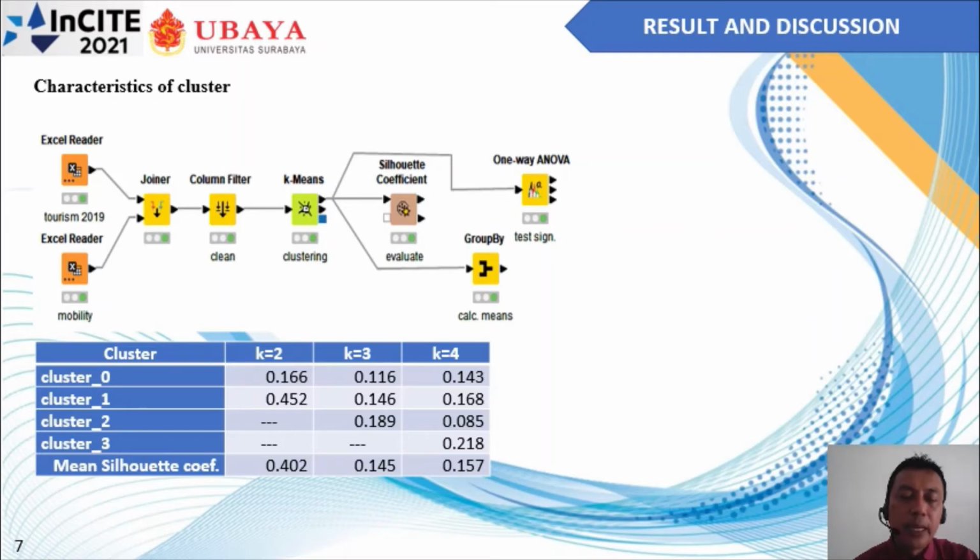This coefficient has a range of -1 to +1. This table presents the silhouette coefficient for each cluster component and mean for K equals 2, 3, and 4. It appears that the highest value is K equals 2. So K equals 2 is selected.